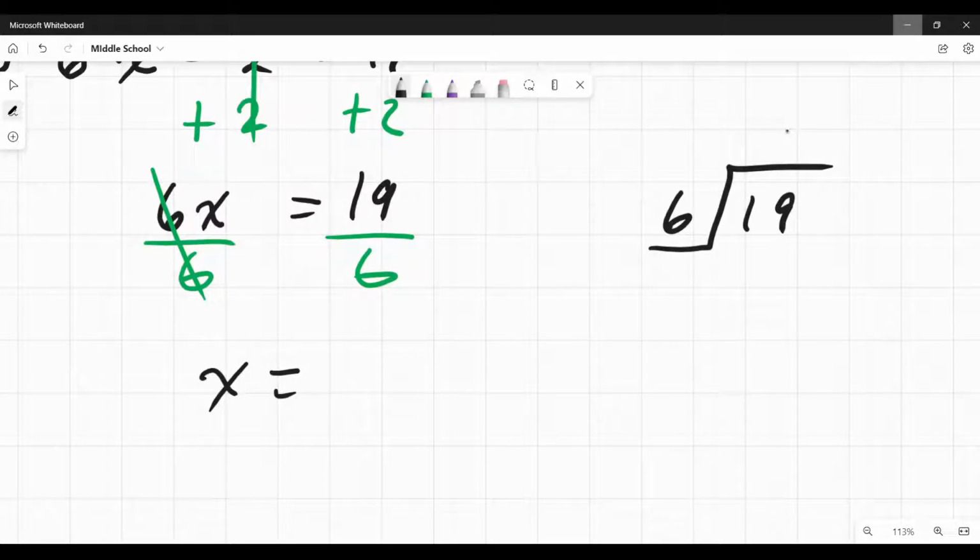Is that what you said? Yeah, that's correct. 3 times 6 is how many? 18. 19 minus 18 is 1. So our final answer is 3 and 1/6.